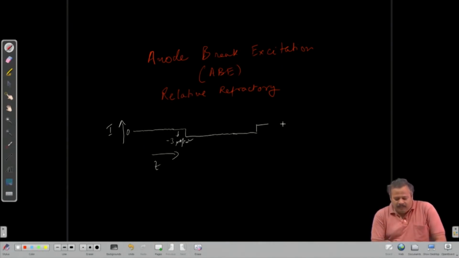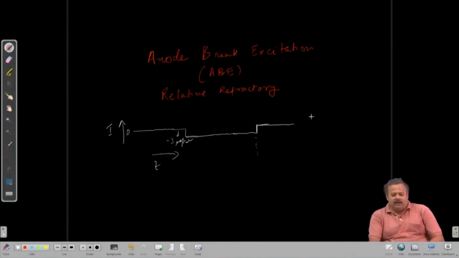At this point, a few hundred milliseconds later, we are stopping the negative current and making it 0. So we have a current clamp of minus 3 microamp for this intervening period, and then we come back to the 0 current level.